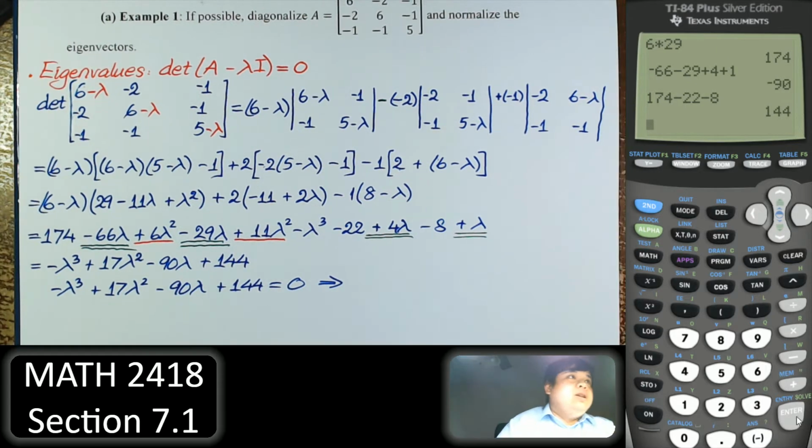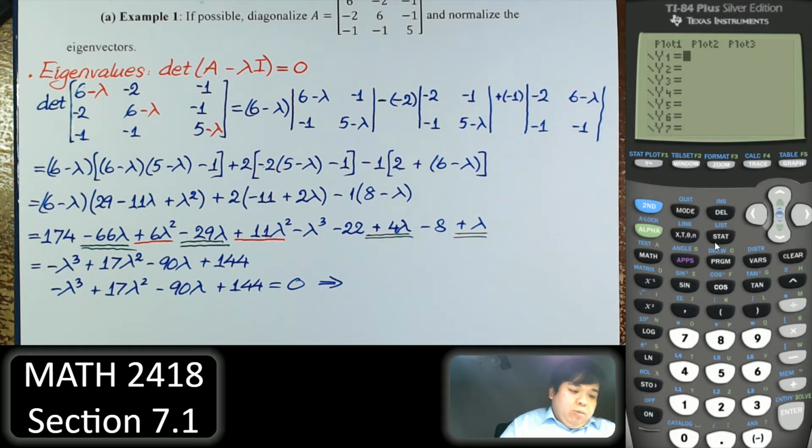So do that. I'm just going to put on the graph negative x cubed plus 17 x squared minus 90 x plus 144.